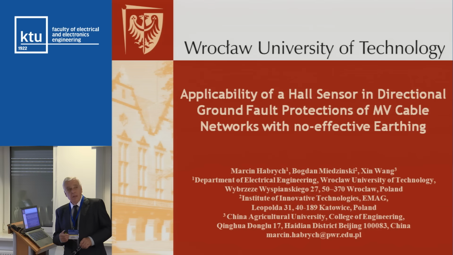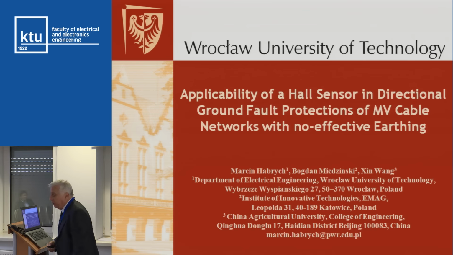My presentation title is indicated here and deals with the problem of detection and selection of ground fault in the network, mostly in the middle voltage network which operates in a mine or open cast mine, which is very important, with no effective earthing.